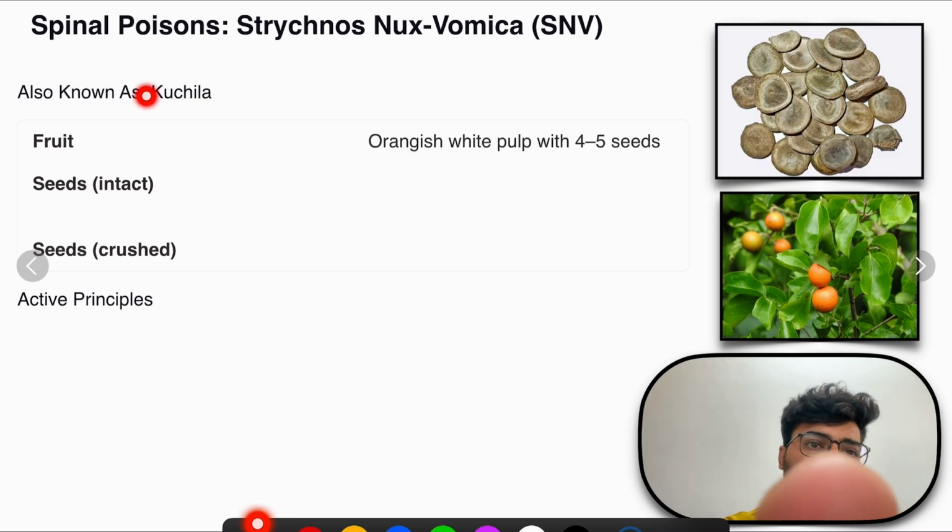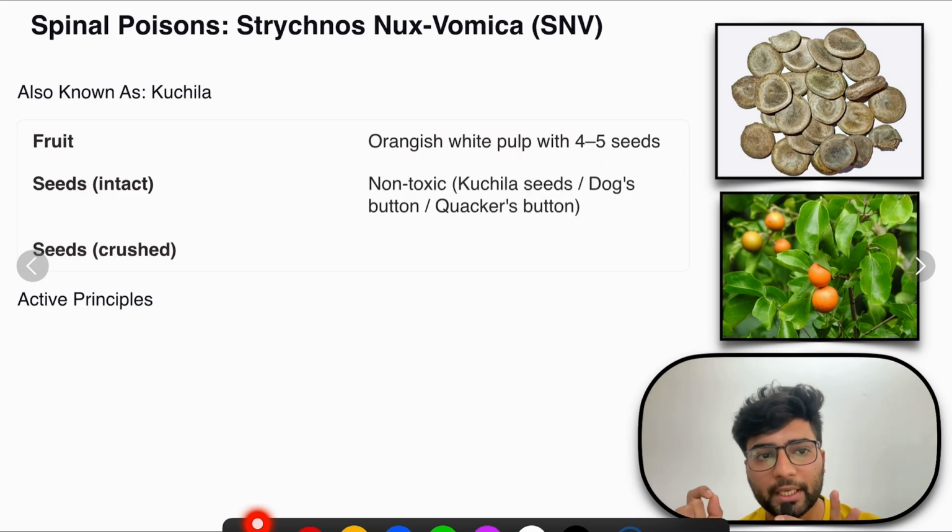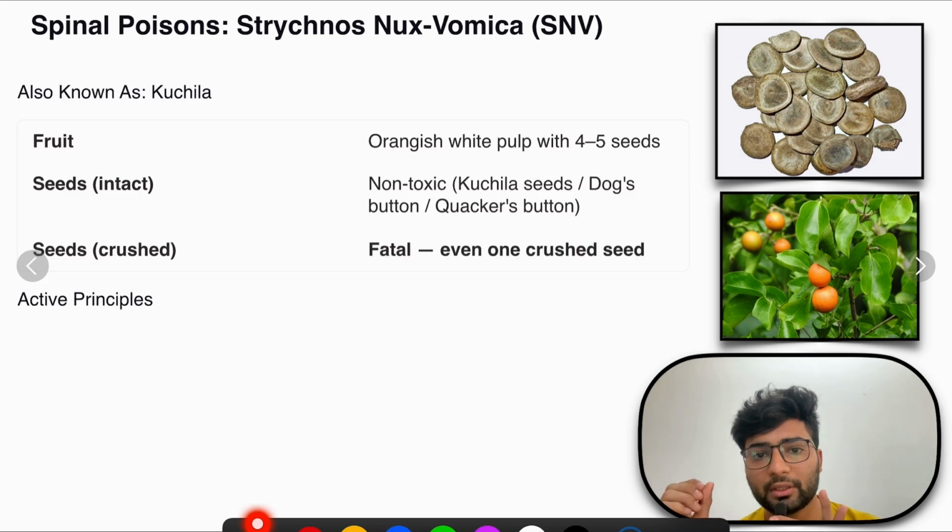This is also known as the Kuchla plant. It has an orange-colored fruit, inside which there are four to five seeds. The intact seeds are non-toxic, and the seeds are called Kuchla seeds, dog's button or Quaker button. But if you ingest a crushed seed, even one is fatal.